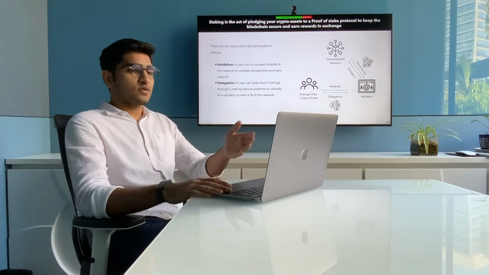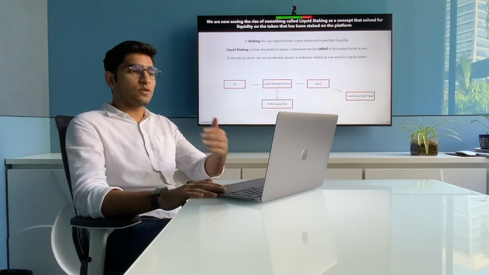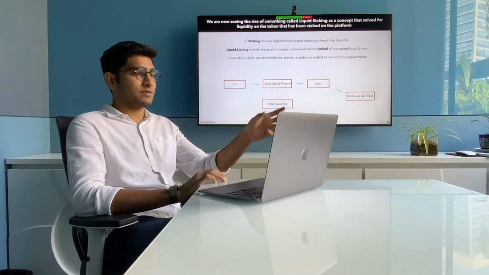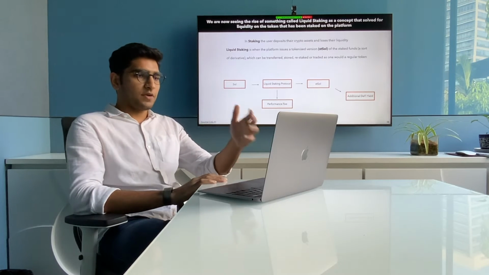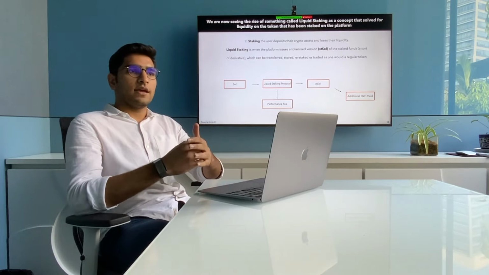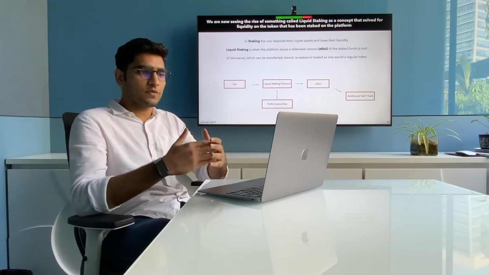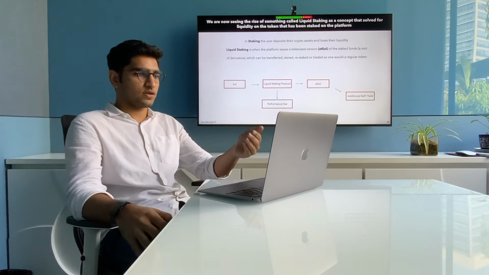And after this, we are now seeing a rise of something called liquid staking, a concept that solves for the liquidity on the token that has been staked on the platform. In the previous slide, we spoke about staking. In that, we mentioned that when you put up that collateral or when you delegate your assets, it gets locked up for a certain period of time, which is why this solution is needed.